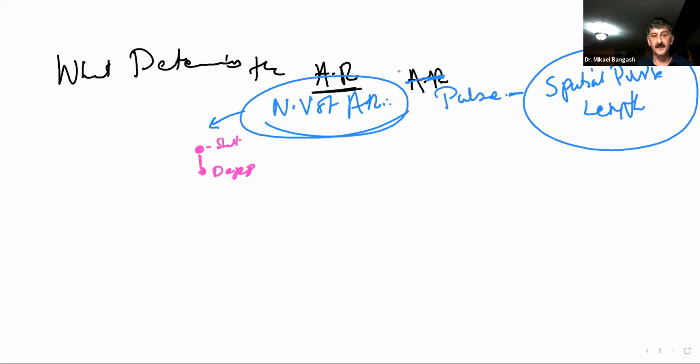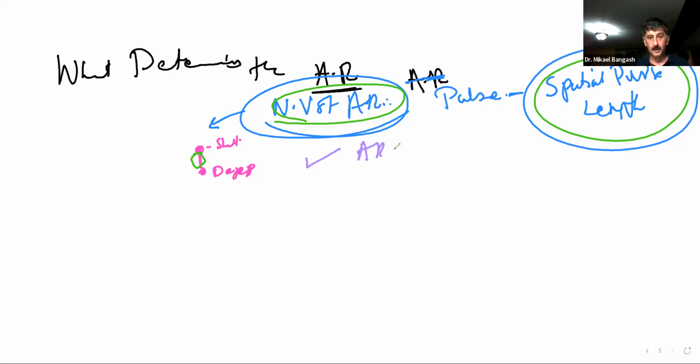This distance here is compared to the numerical value of your axial resolution, where this numerical value is dependent upon the spatial pulse length, that will determine whether we end up with a good axial resolution or a poor axial resolution.